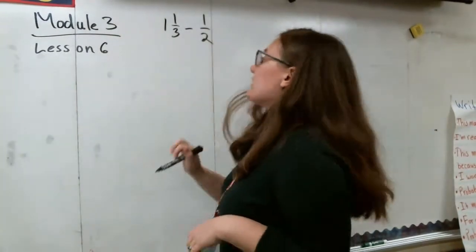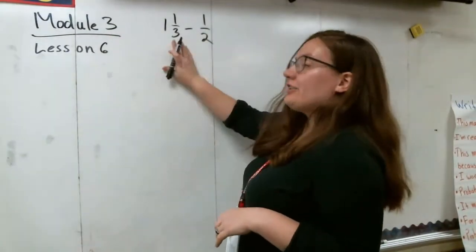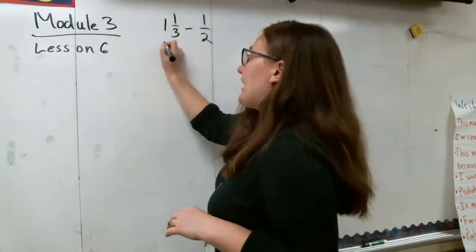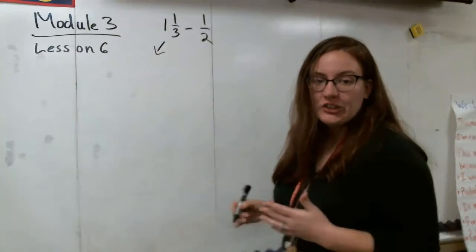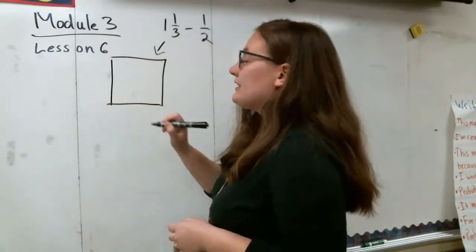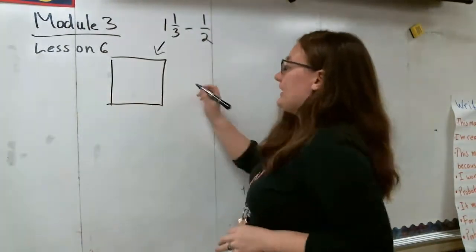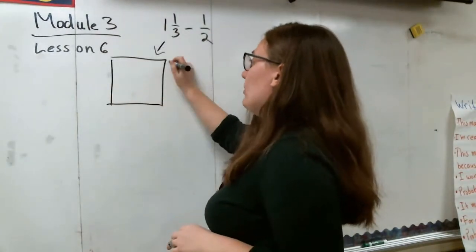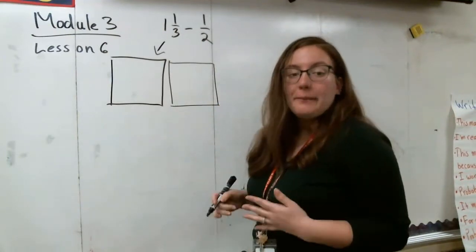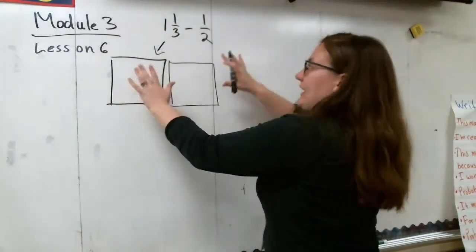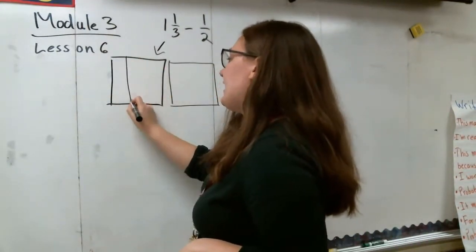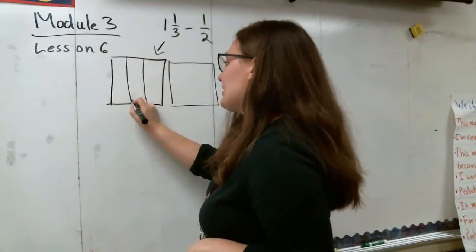So for the first model, what I need to do is show what 1 1/3 looks like. I drew this little line off to the side just so you can see that this model right here is supposed to represent 1 1/3. So I have one whole, and then I have a third. But just to make sure that when I go to subtract, this looks the way it's supposed to, I'm going to split everything into thirds.